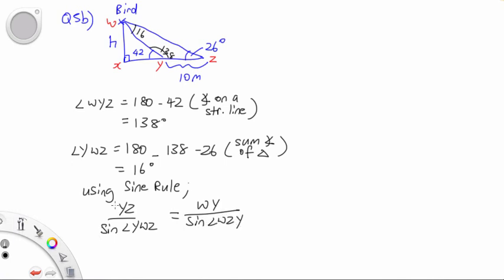Write down the values that you know, and then eventually you will get the answer for WY.